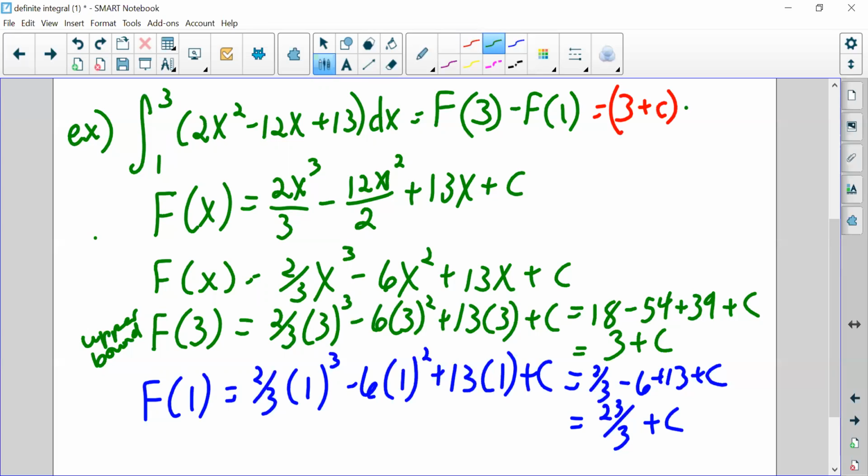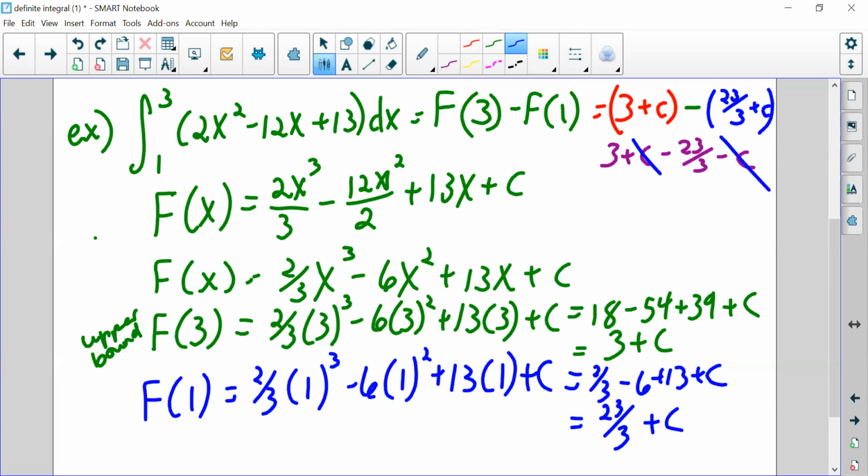And I need to subtract what I found my antiderivative at 1 to be, which is 23 over 3 plus c. Now to work this out, that gives us 3 plus c, distribute my negative, minus 23 over 3 minus c. What happened? The c's cancel out.